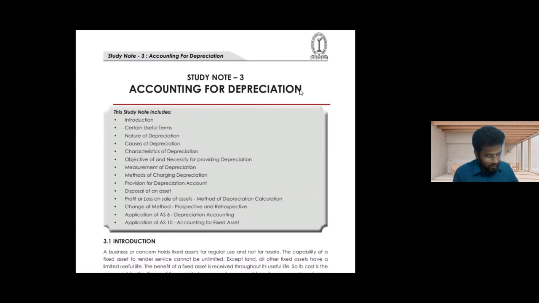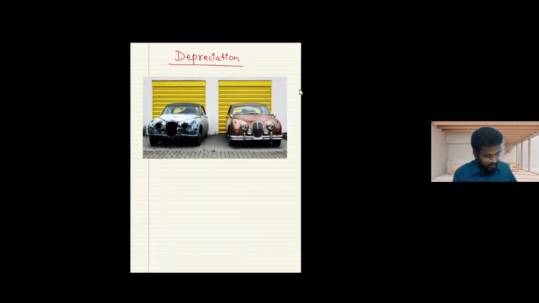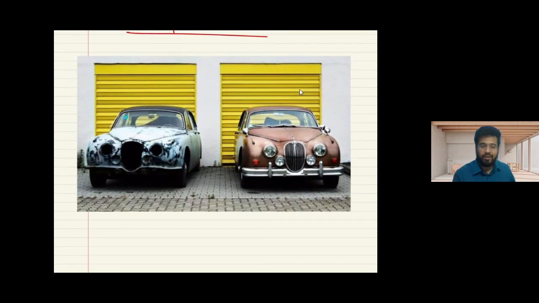Now, as I showed you before, I have two cars over here. This is the brand new car which is taken out from the showroom, and this is the old car after 10 years. This is the condition after 10 years, from this to this.